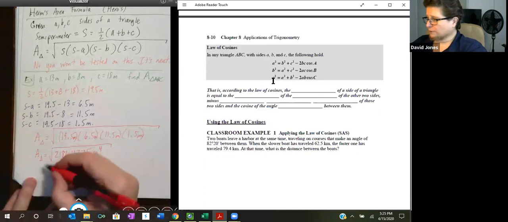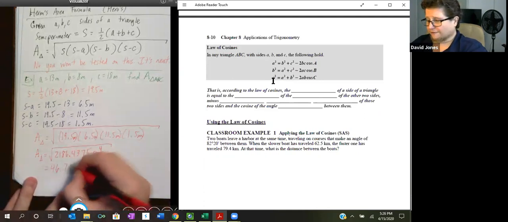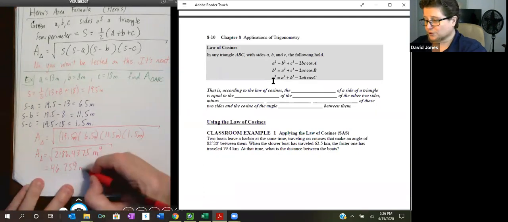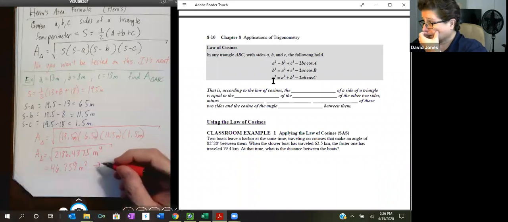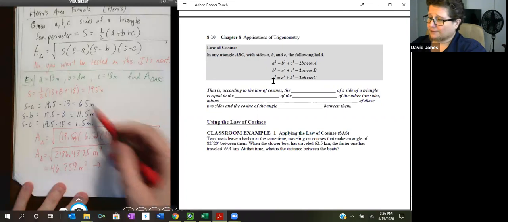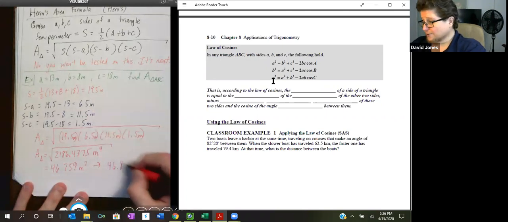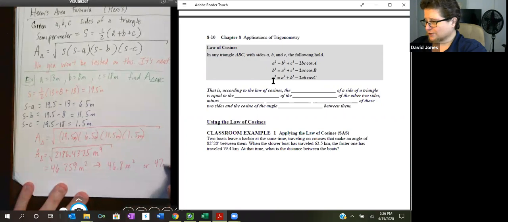And when you take the square root, we get 46.759. The square root of meters to the fourth is meters squared. If we want to take it down to 3 significant digits, like we had the 3 S minus A's, 46.8 meters squared. Or you could go all the way down to 47 meters squared.